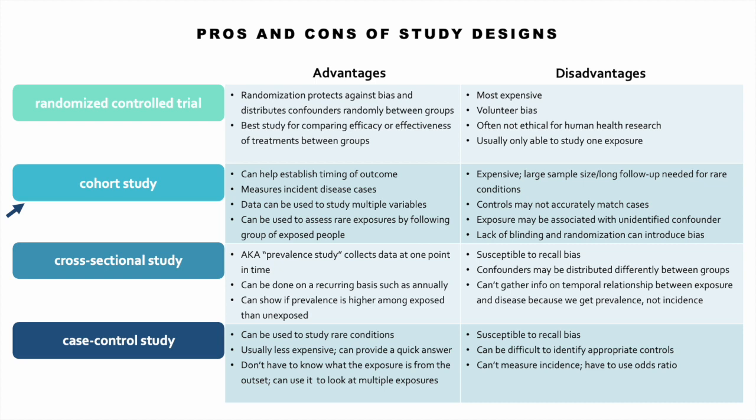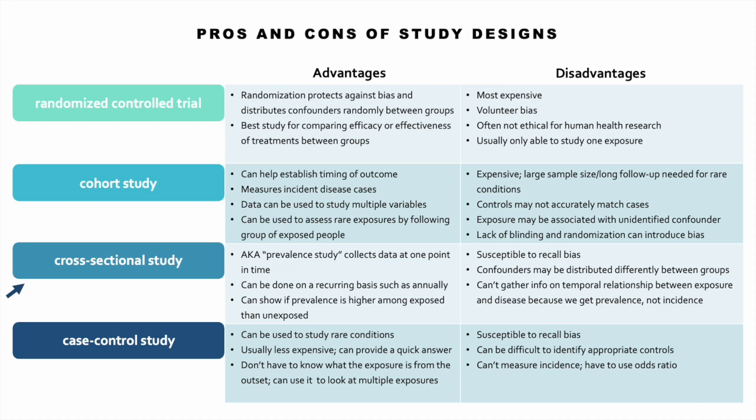As I mentioned previously, it's difficult to identify appropriate controls. It can be difficult to identify all potential confounders, and bias may be introduced because there's no blinding and there's no randomization.